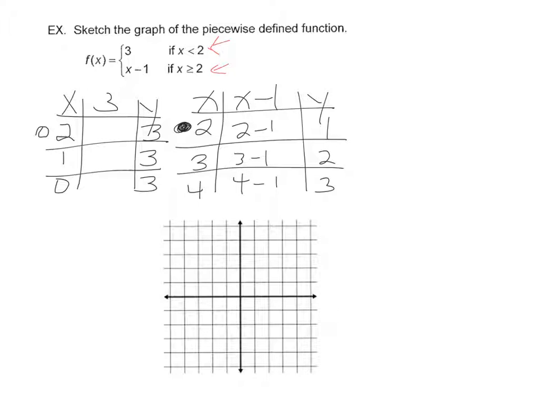Now let's plot our points. For the first table, 2, 3 is an open circle, and that's my starting point. 1, 3, and 0, 3. When you connect these, you'll only have an arrow coming out of one side because it's less than. That means I go to the left forever.